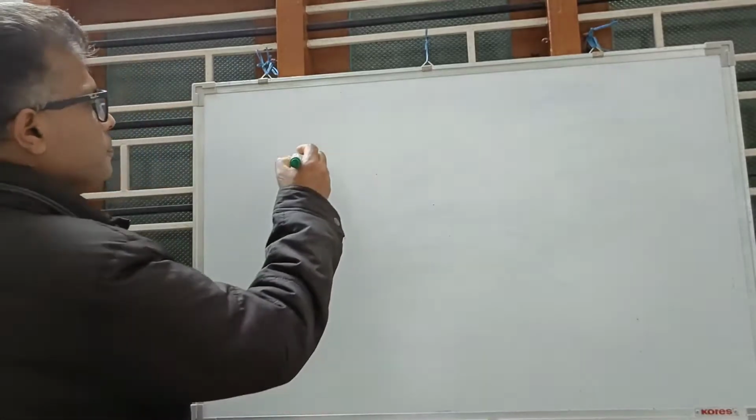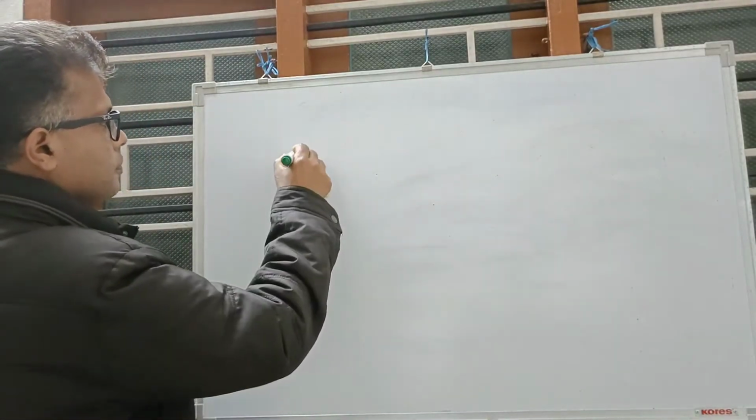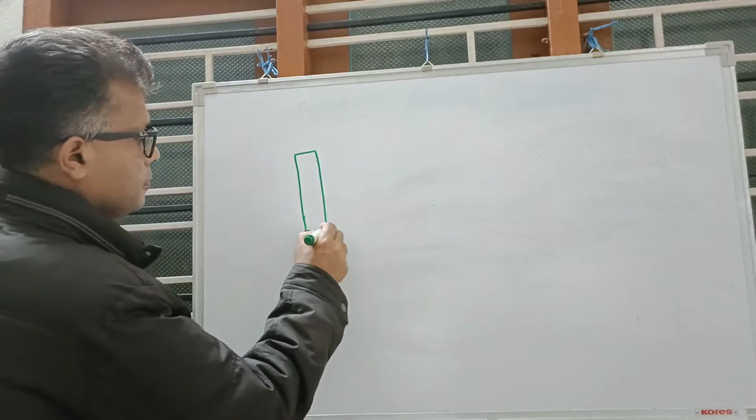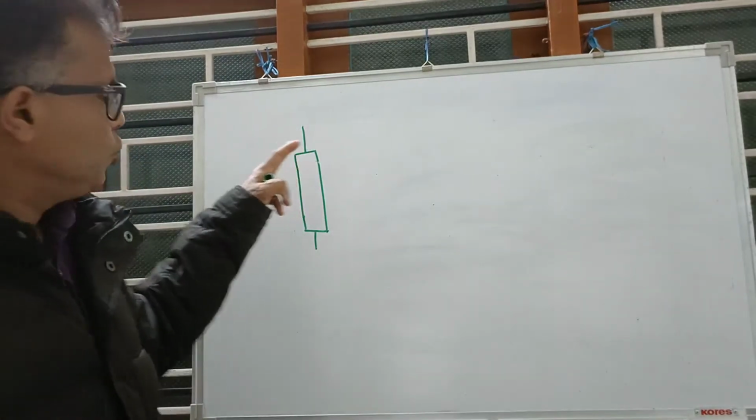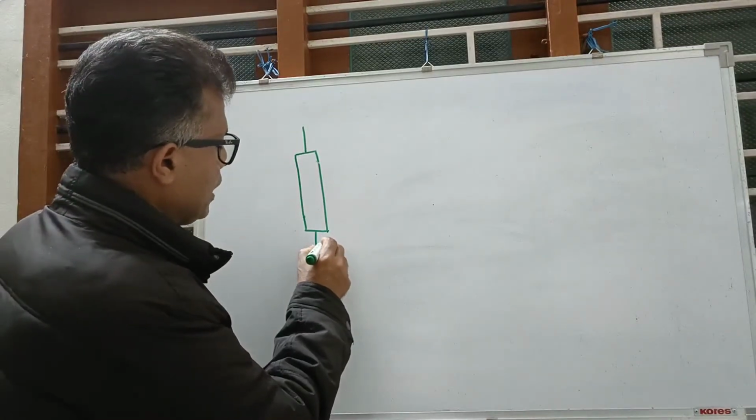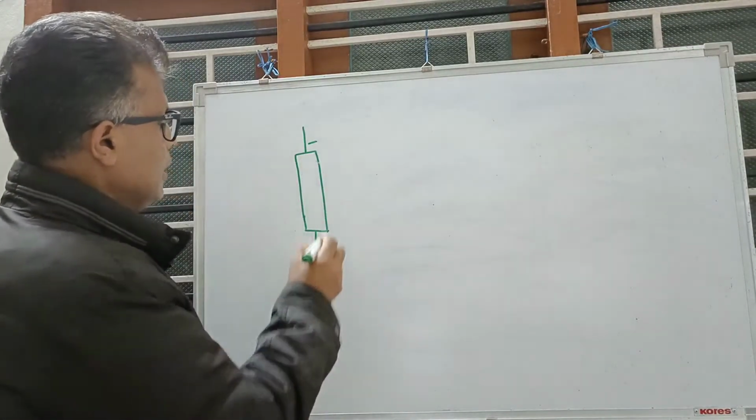Now we already know what a continuous spectrum is. Now we see a tube where the positive supply and negative supply can be given.